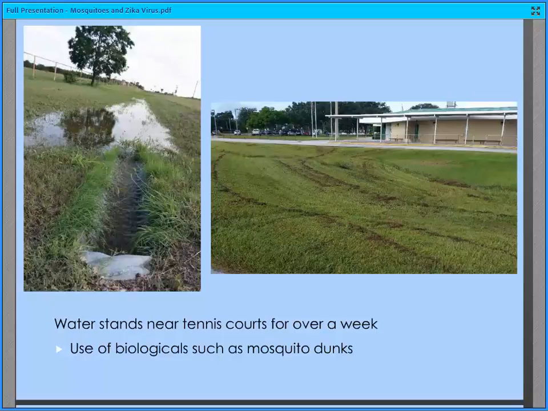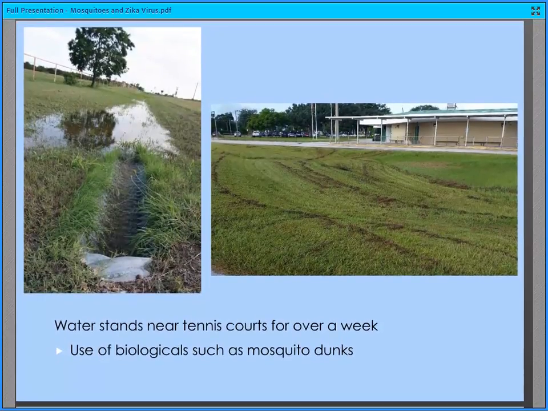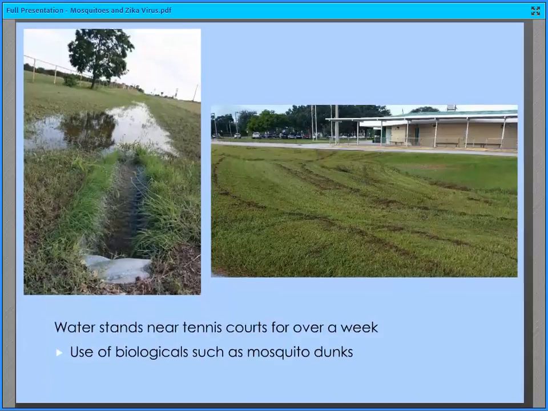The picture on the left is just some ruts from a tractor and standing water. And again, this is some areas that we treat. The picture on the right is right next to a tennis court. After we cut it down, there's still water standing in there.